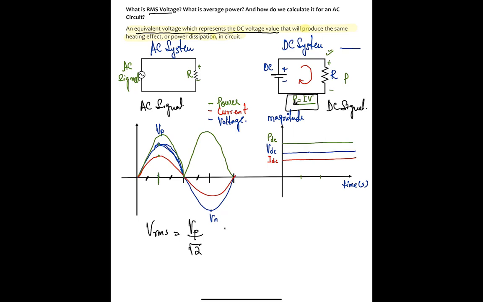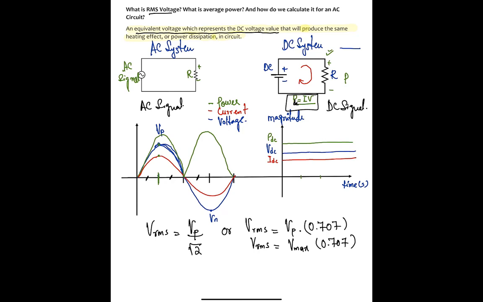In other words, this can also be written as VRMS equals V peak times 0.707. Also, some books may write V peak as V max. Both are the same thing, and remember you have the 0.707. Basically, if you take 1 over the square root of 2, you get 0.707.